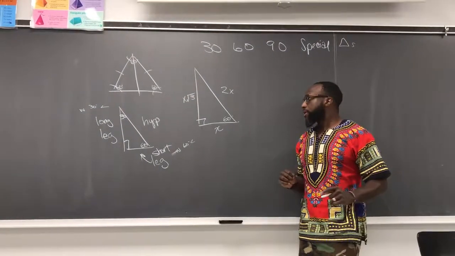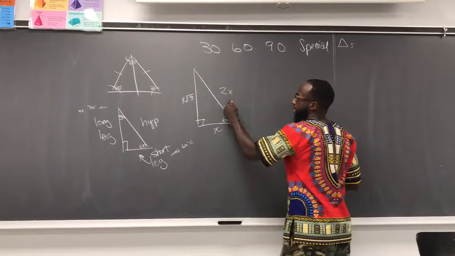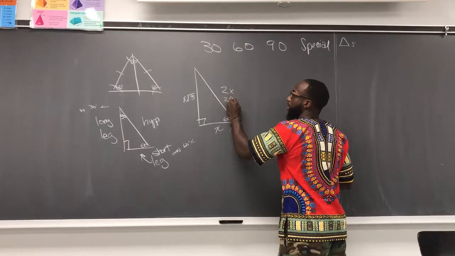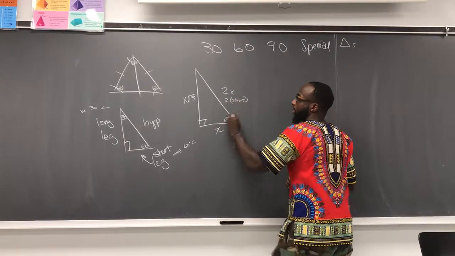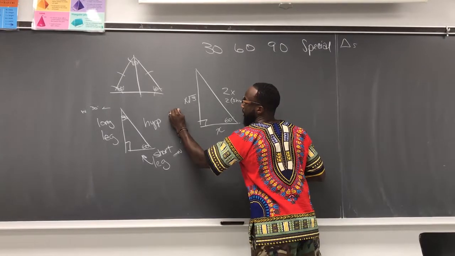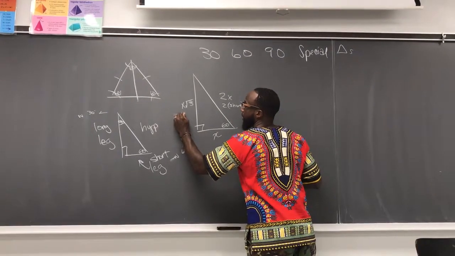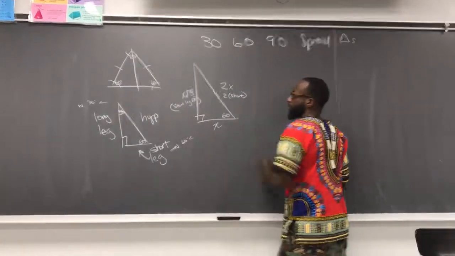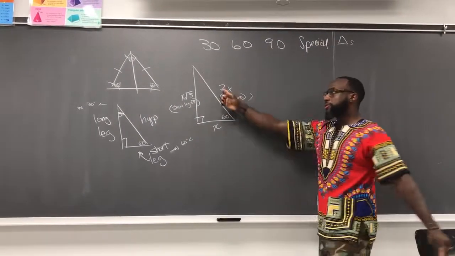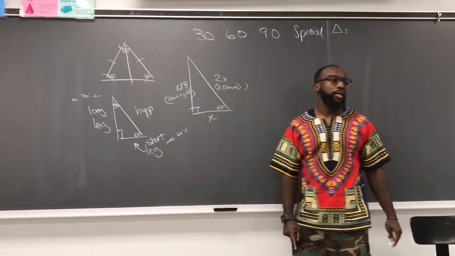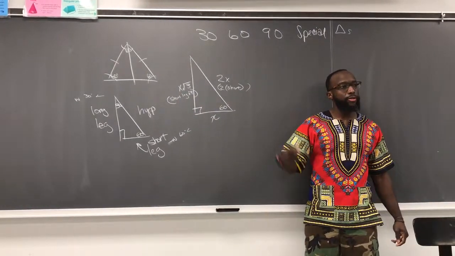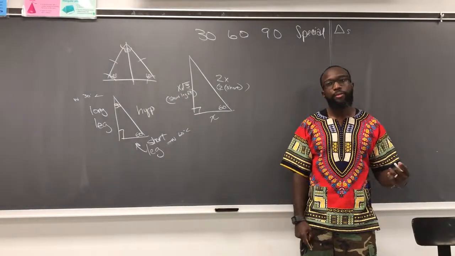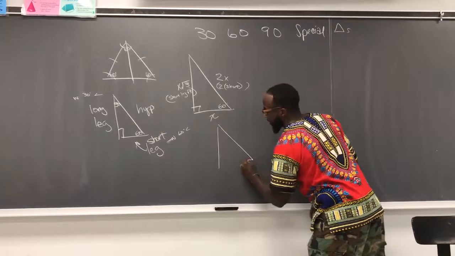So in simple terms, the hypotenuse is 2 times the short leg, and the long leg is the short leg times the square root of 3.